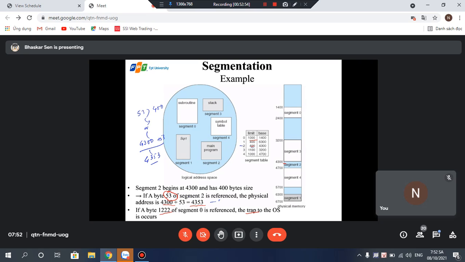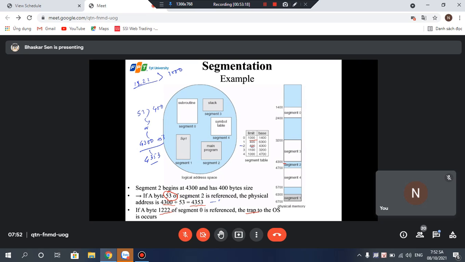Stay aware, because these are the questions that you get asked. If byte 1222 of segment 0 is referenced, segment 0 has limit value 1000.